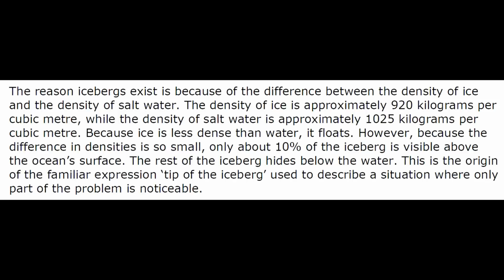However, because the difference in densities is so small, only about 10% of the iceberg is visible above the ocean surface. The rest of the iceberg hides below water. This is the origin of the familiar expression, tip of the iceberg, used to describe a situation where only part of the problem is noticeable.